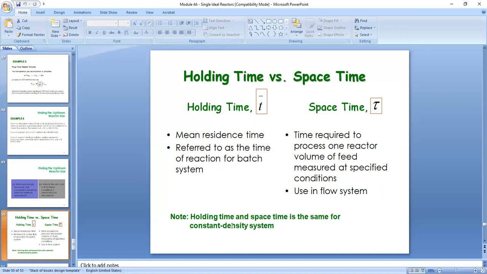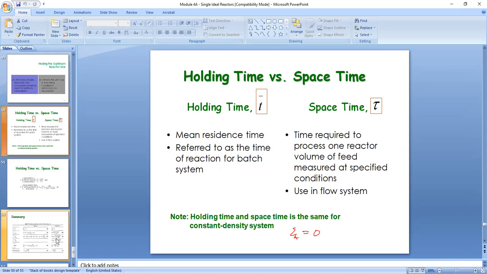This is possible if our system is a constant density system. So these two, you can use interchangeably, the tau or the T with the bar, because your system is constant density system. This is the case when epsilon A is equal to 0.